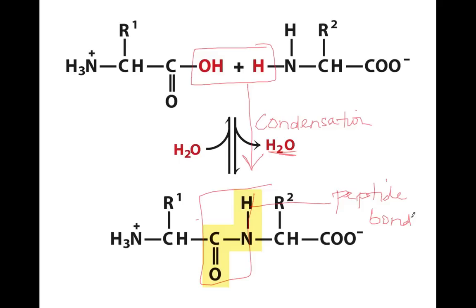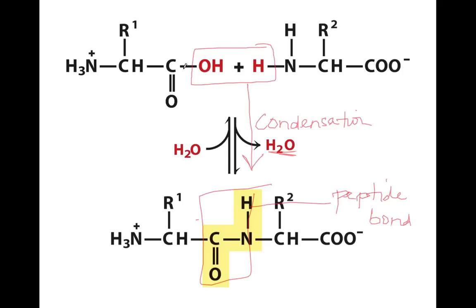So a peptide bond forms between the carboxyl group of one amino acid reacting with the amino group of another amino acid, and via a condensation reaction you lose a water molecule. Now there are reversible arrows here, meaning that this peptide bond could be hydrolyzed: you add water, so you could hydrolyze the peptide bond to form amino acids.